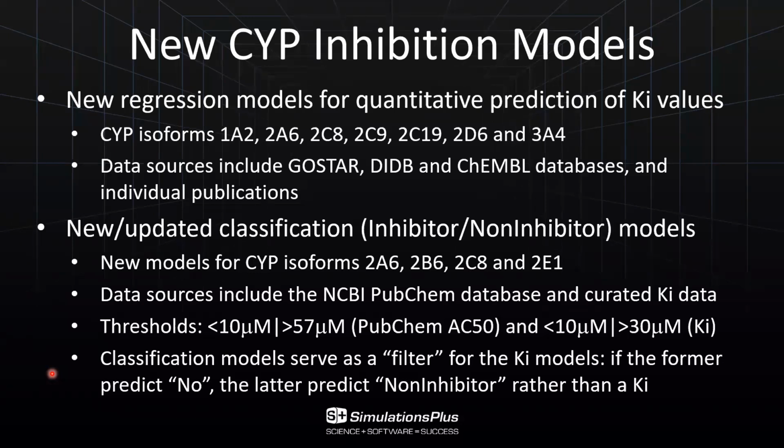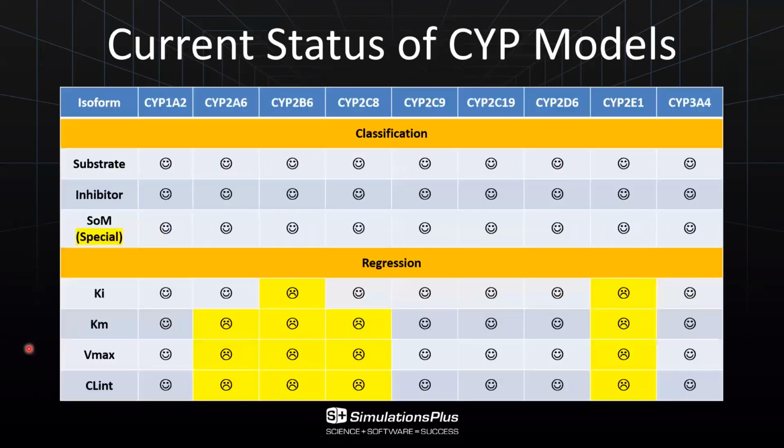That follows the same convention as several of our other metabolism and transporter models. This chart just updates the status of our current SIP models, which include substrate, inhibitor, and sites of metabolism among the classification type models.